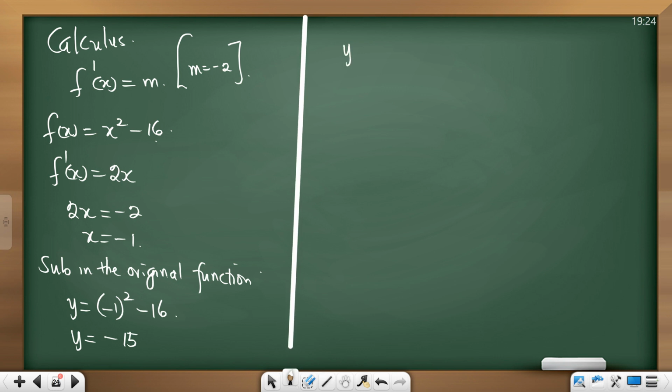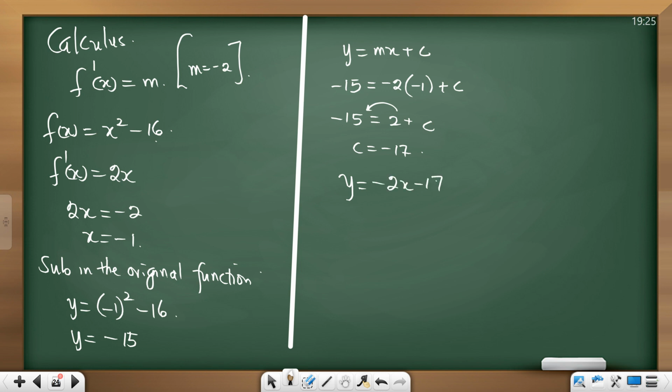What is it? y equals to mx plus c. Do we know our y value? Negative 15. Do we know our gradient? Negative 2. Do we know our x? Negative 1. What do we have? Negative 15 equals to 2 plus c. Move that there. What is c? Still the same thing. Negative 2x minus 17.